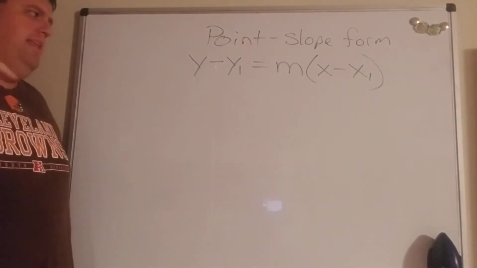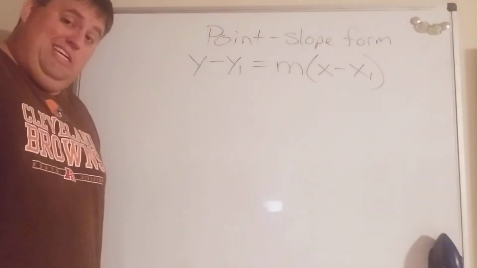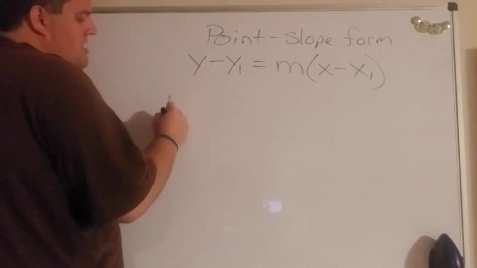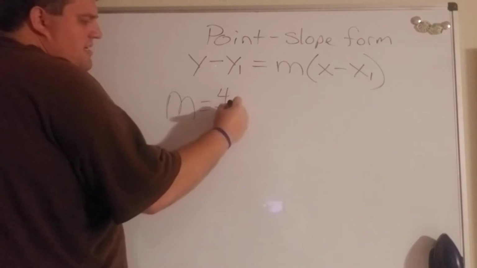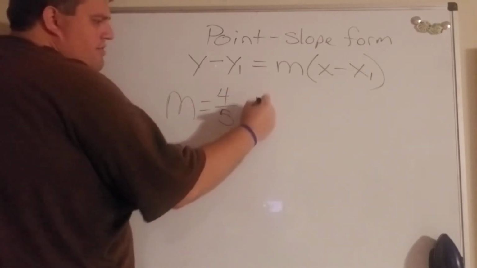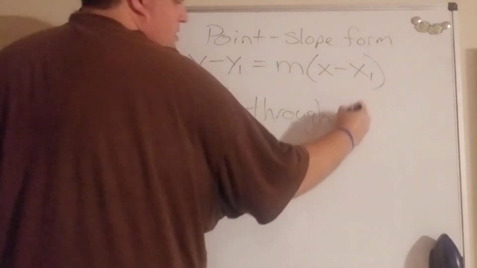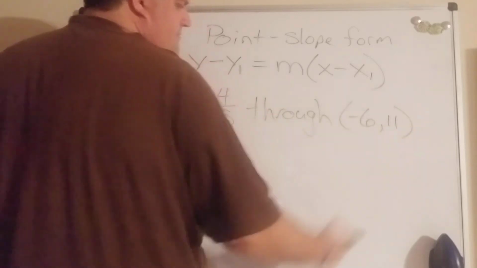Basically what's going to happen there is it's going to be the opposite sign of whatever your point is. All right, let me show you an example. So let's say there's a line with a slope of 4/5, and it goes through the point (-6, 11).